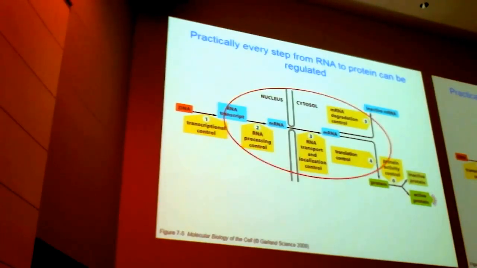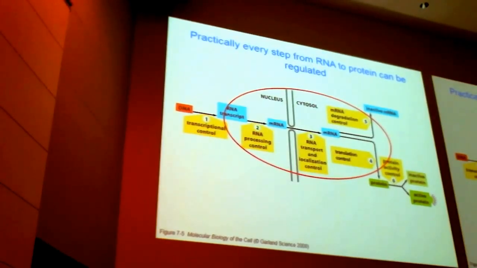So there are many more steps than the first step of expression, and as I said, first step of deciding to transcribe RNA, and as I said, all those steps can be regulated. And in what follows, I think we'll walk through a single example for each of these forms of regulation.